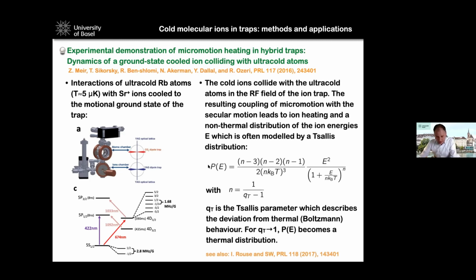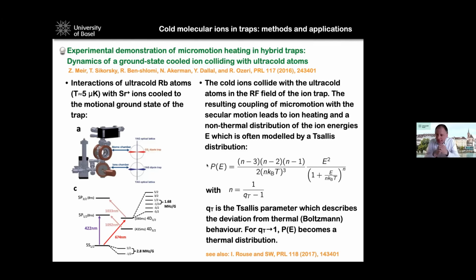So what it turns out is that the energy distribution that the ion assumes because of this micromotion heating during the collisions is not a thermal distribution, because it's not a system in thermal equilibrium. The system is always driven by the RF fields. So it's non-equilibrium thermodynamics that we are talking about here.